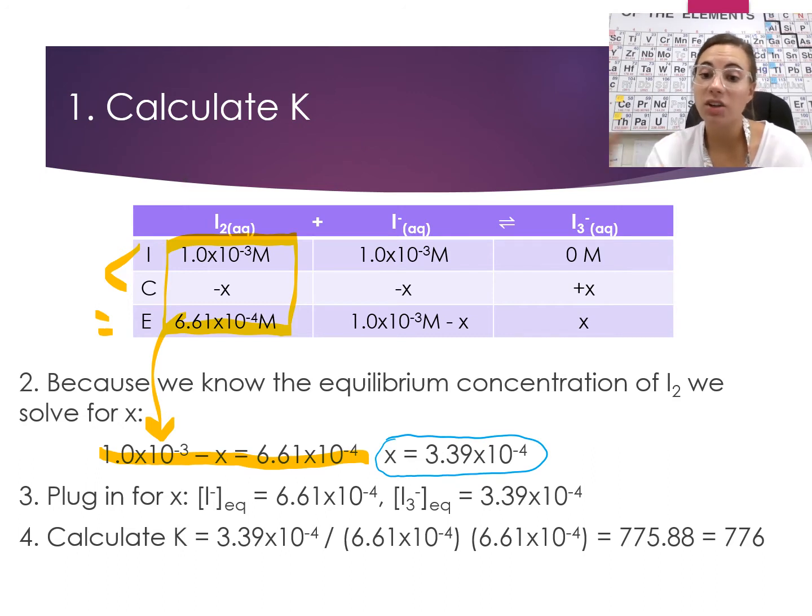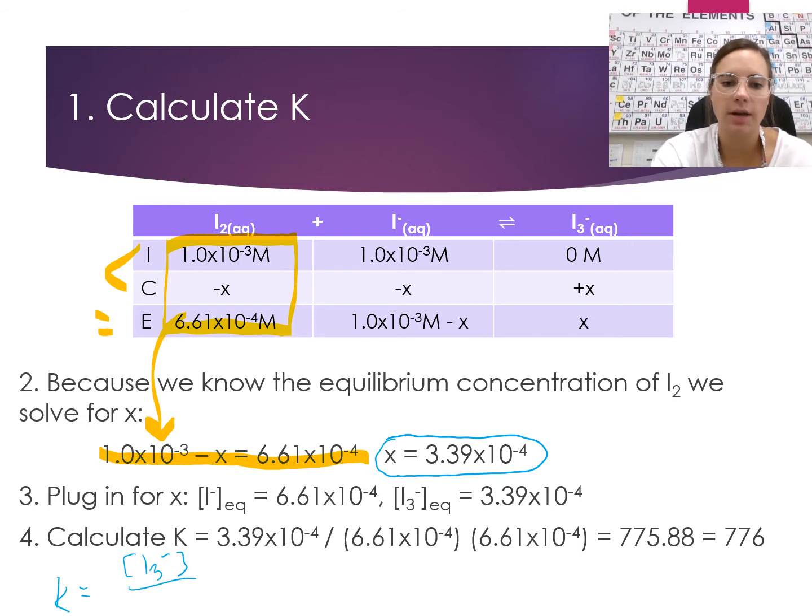So I'm trying to solve for K, right? My whole point of this question was to calculate the K value. In order to calculate K, I have to have equilibrium concentrations because K is at equilibrium. So my equilibrium expression for this reaction is products over reactants raised to their coefficients, which in this case were all 1.